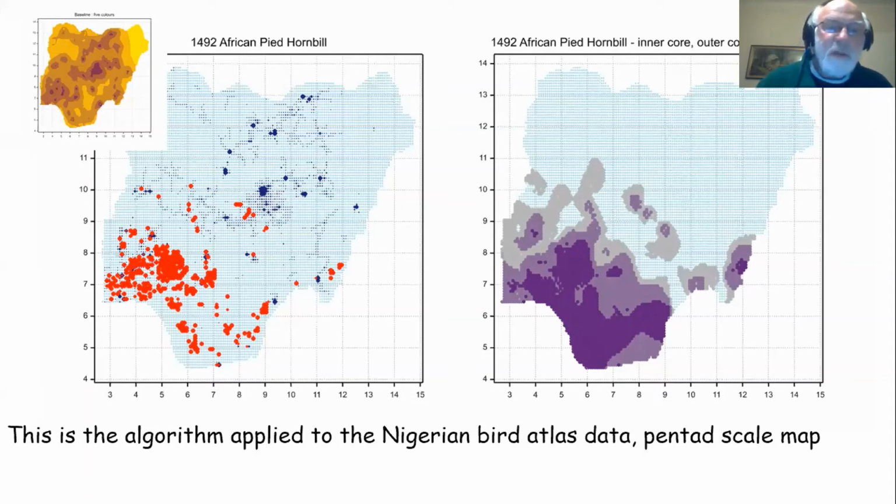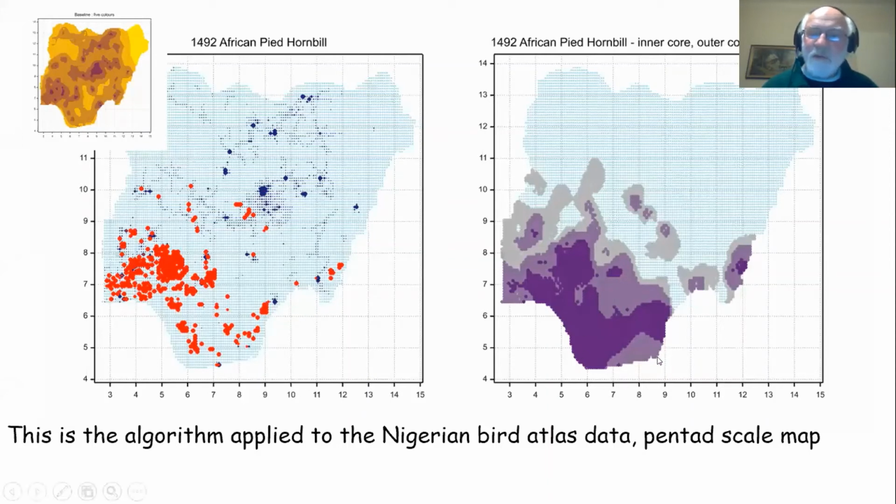The blue is the distribution of atlasing across Namibia. And the data is once again fairly sparse. The red dots show the distribution of the African pied hornbill, and the red obliterates a lot of the blue distribution. But you can still see the data is pretty thin.